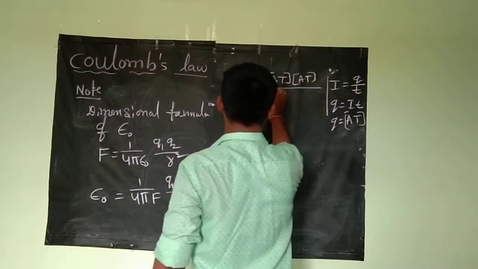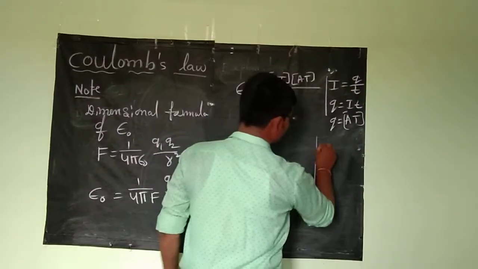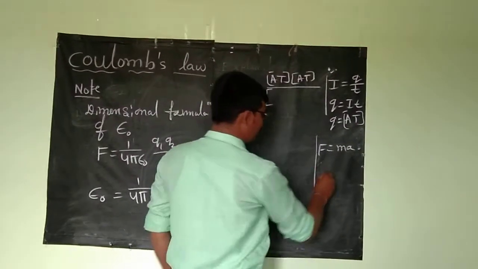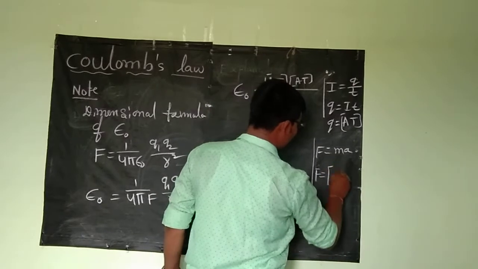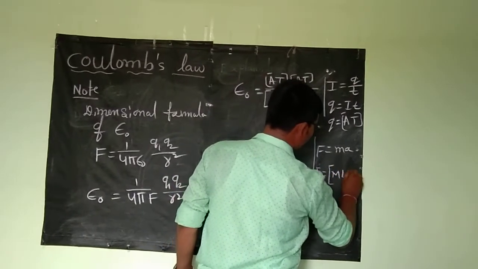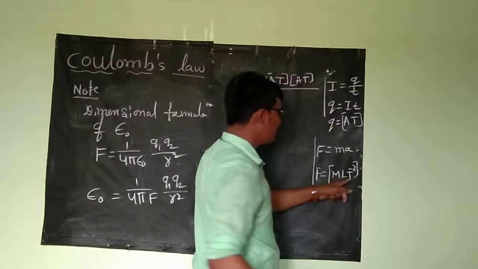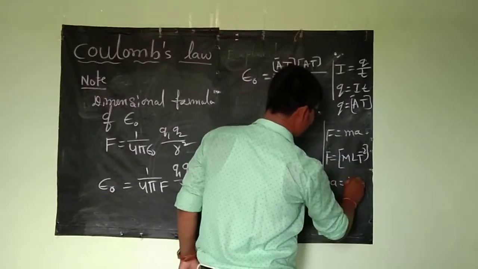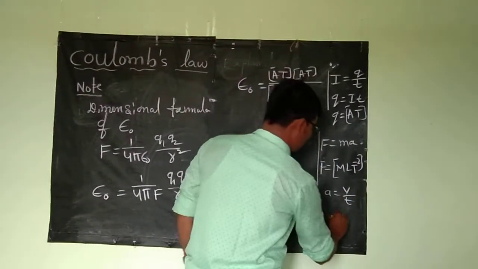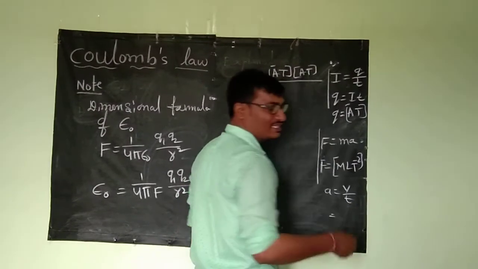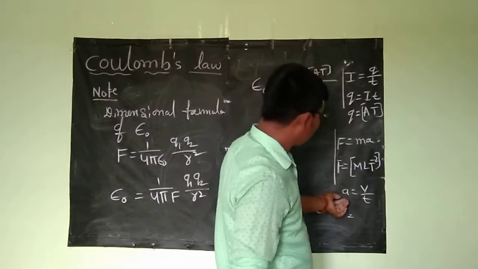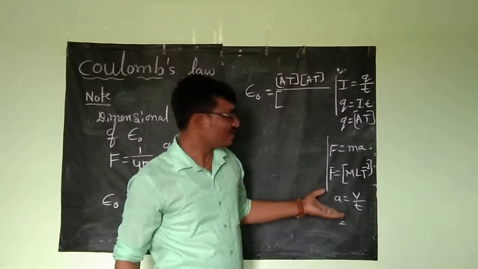Then force, we know that force F is equal to m a. Then F is equal to M L T minus 2, because L T minus 2 is the dimensional formula for acceleration, right? Acceleration means velocity by time. Velocity means distance divided by time. We learned a lot of these definitions in first year.